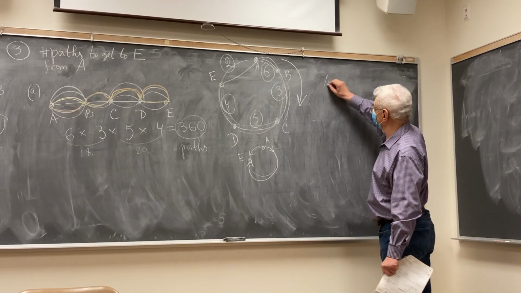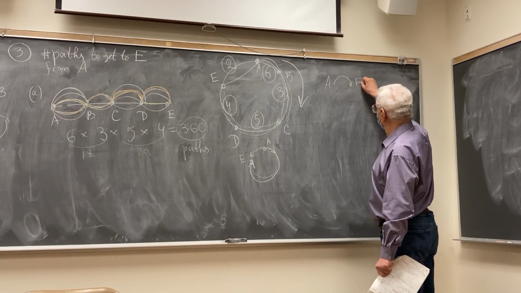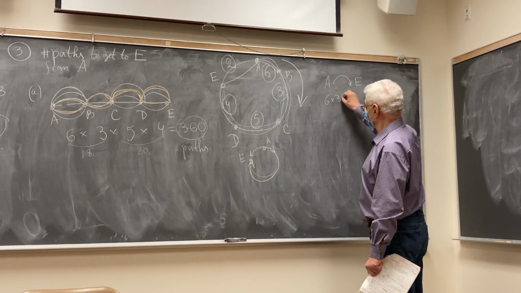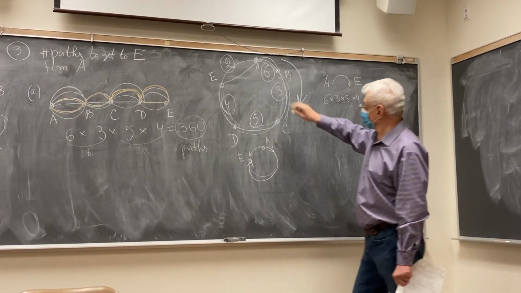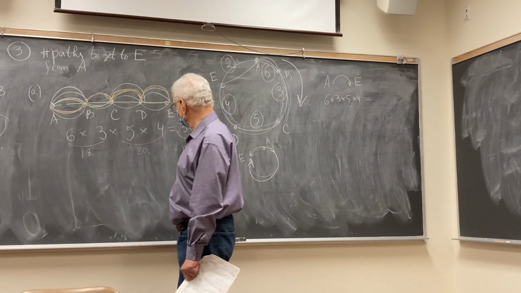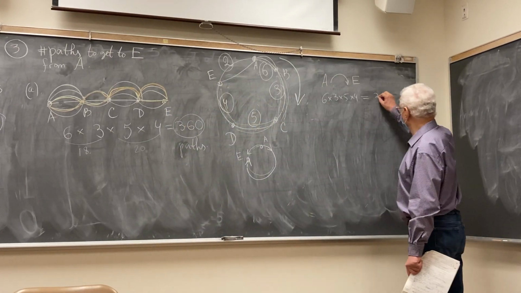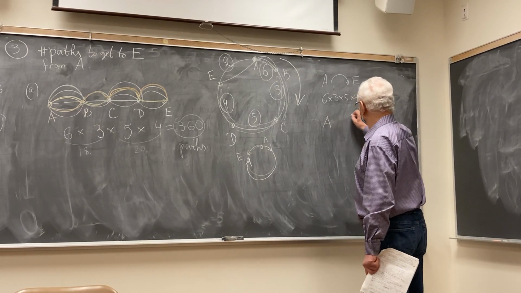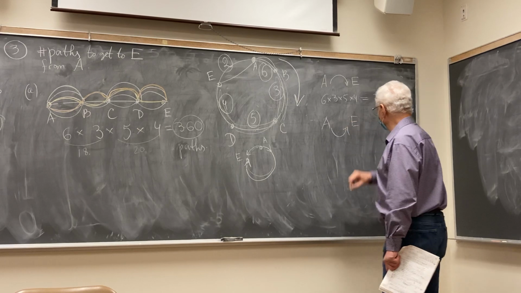Okay, so let's write the following from A to E in the clockwise direction. So the same as before, 6 times 3 times 5 times 4. That's it. And we already reached E. So the answer is 360. Now we take A and we get to E in the opposite way.